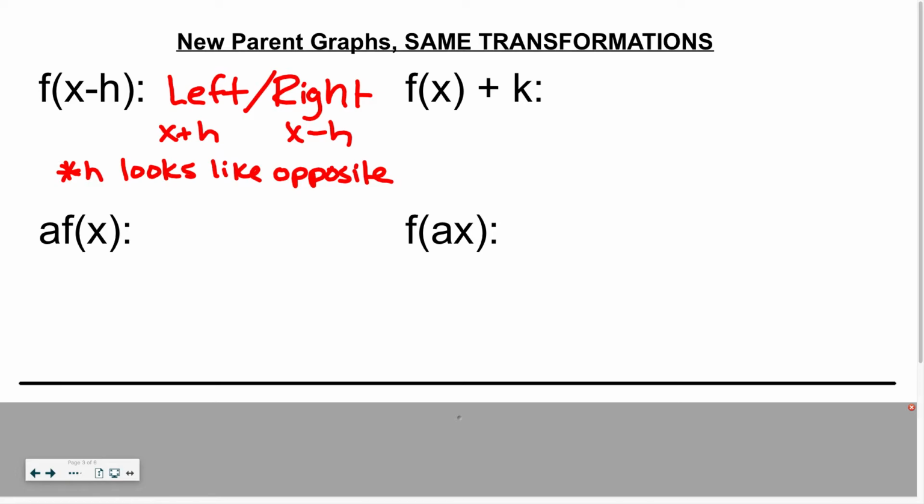K is going to move your graph up and down. That's going to be a plus K and a minus K. And it does what it looks like, right? So if you see a minus 1 in the back, it's going down 1. If you see a plus 5 somewhere outside of the radical, then it's going up 5.